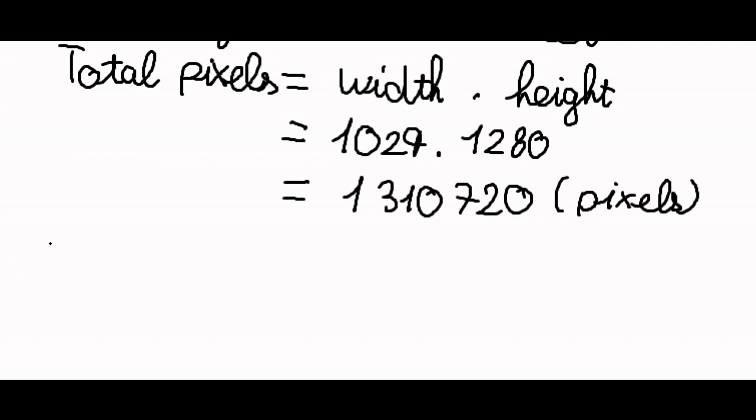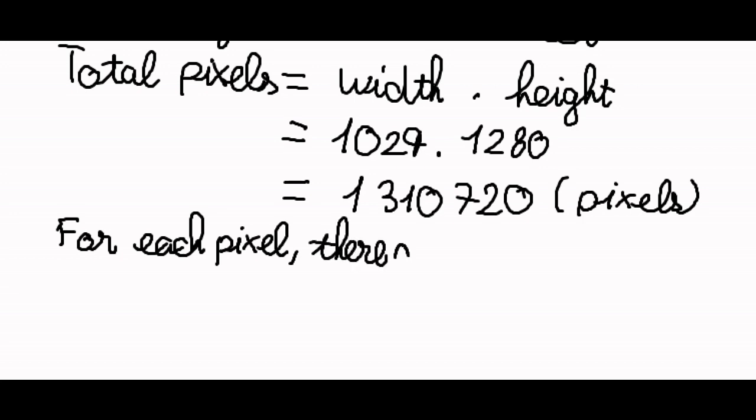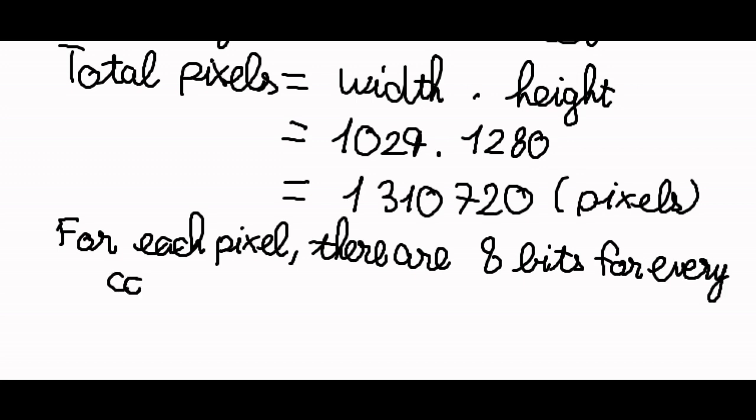Moving on, we have to calculate how many bits there are per pixel. And now we know that for each pixel there are 8 bits for every color, which is RGB, red, green, blue.